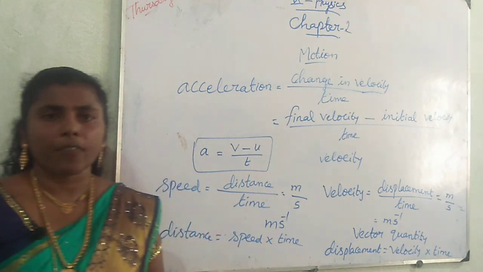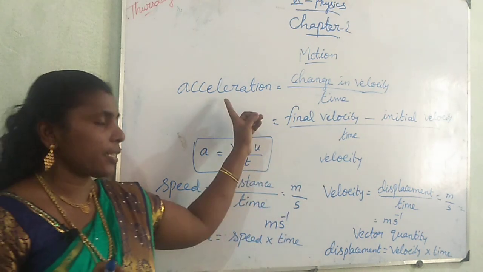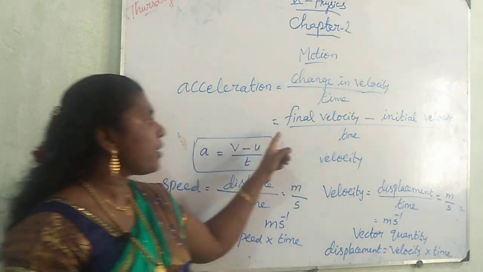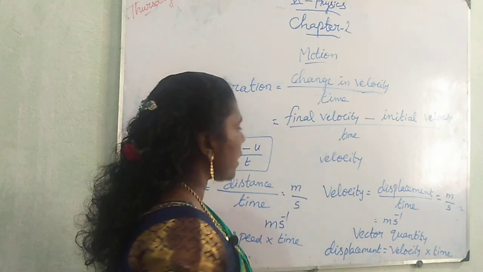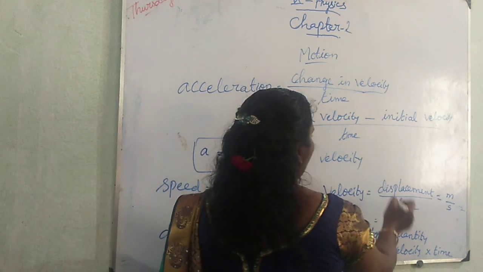What is the definition of acceleration? Change in velocity divided by time is called acceleration. And how will we find the unit? The unit of velocity we have already learned: meter second power minus 1.